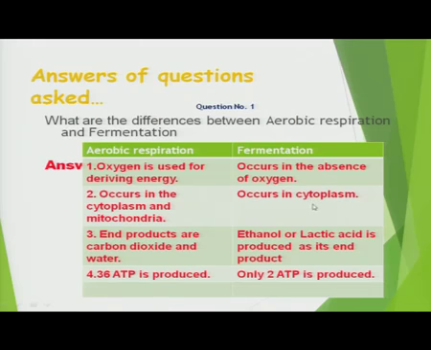Fermentation only takes place in the cytoplasm. The result of aerobic respiration is carbon dioxide and water. The result of fermentation is ethanol or lactic acid, depending on whether it occurs in muscle cells, yeast or bacteria. Aerobic respiration produces 36 or 38 ATP, while fermentation produces only 2 ATP.